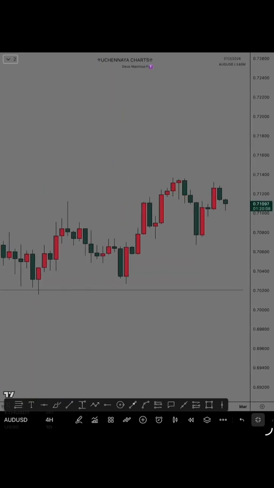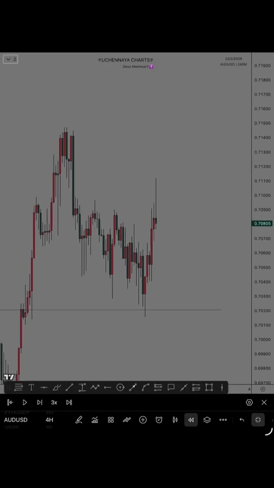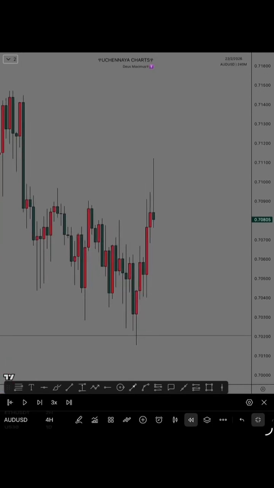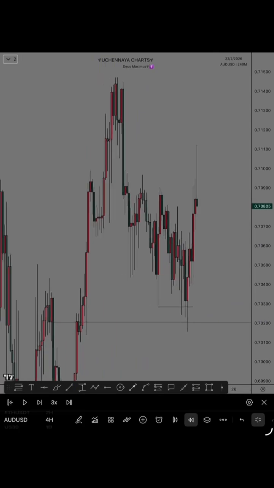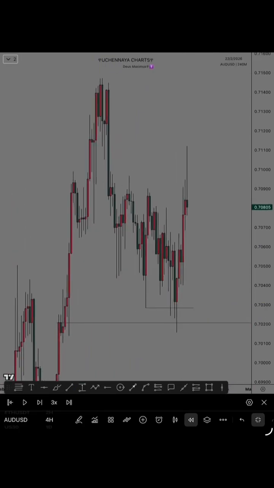When you go to the H4 after that daily rejection, following your traditional SNR storyline, you can actually see that in here we had this liquidity sweep. If we're looking to take a direct entry from this very level, this would be your liquidity engagement.